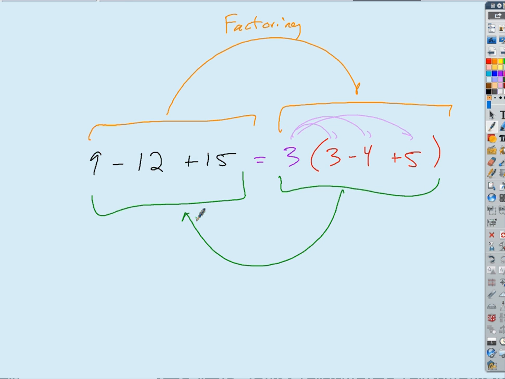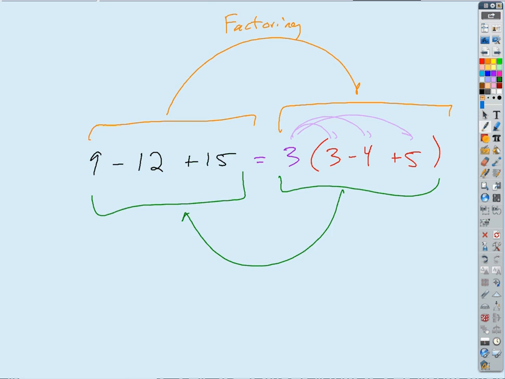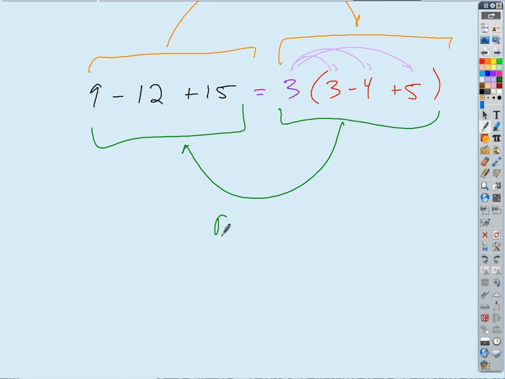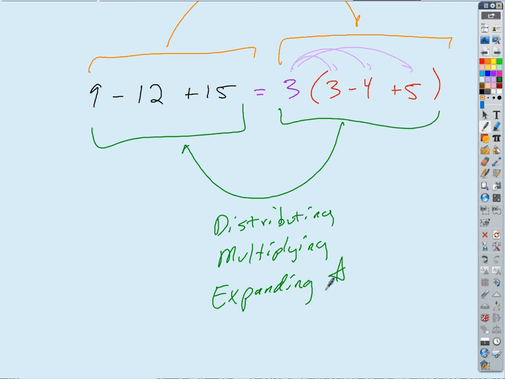Distributing, we call it distributing, we call it multiplying, we could call it expanding. They all are just synonyms for the same thing. Usually the math word we like to use is expanding. Okay, but they're just opposite processes.